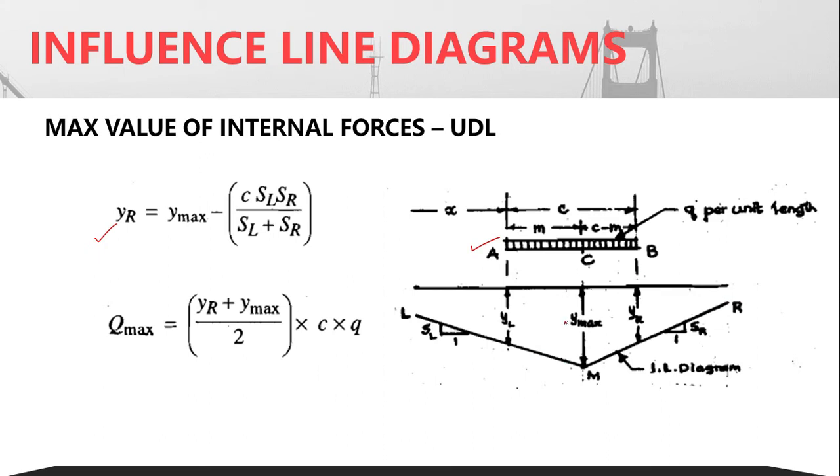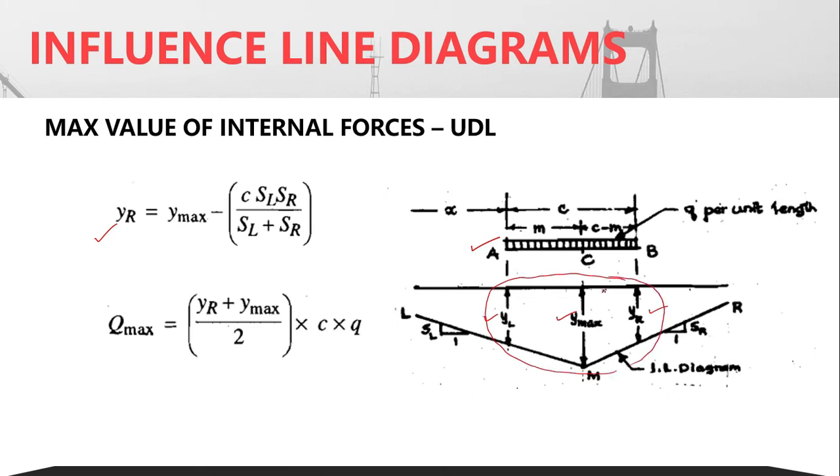So I have a maximum Y max, and then I have YR towards the right side and YL towards the left side, and this is the corresponding UDL. This UDL should be placed somewhere in the neighborhood of the maximum ordinate.